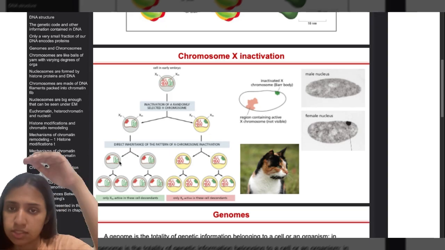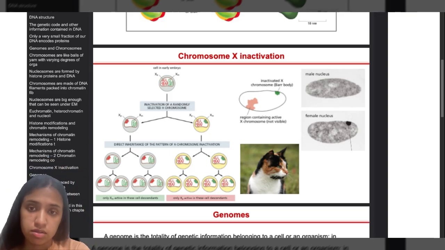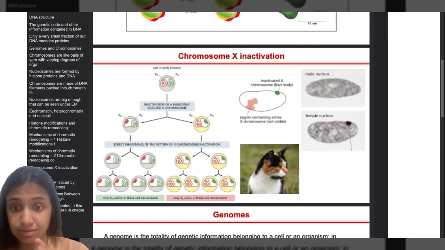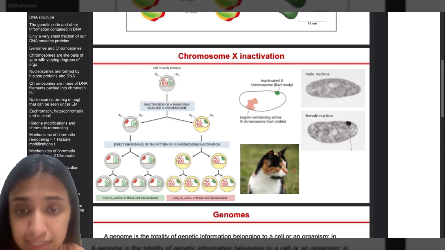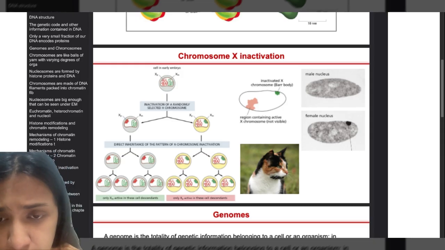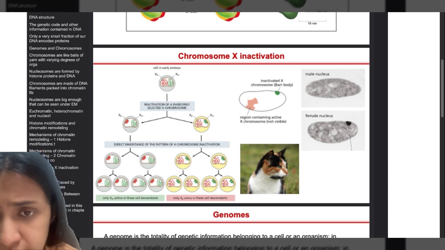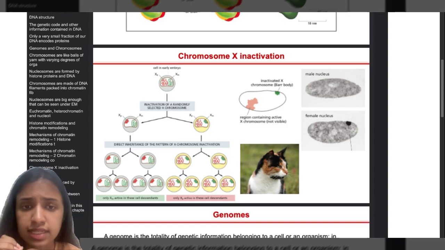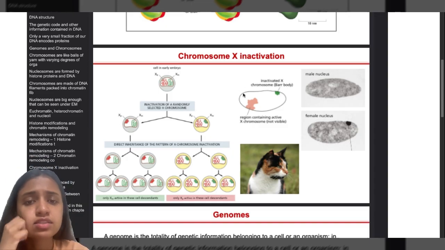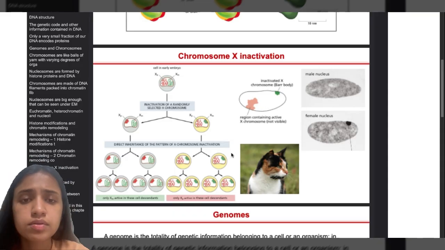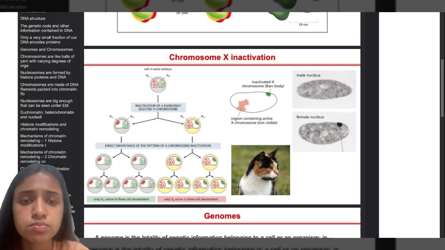What it's saying is that essentially if you inactivate one, it multiplies and multiplies again, and that inactivation stays, depending on which X chromosome has been inactivated. This inactivated X chromosome is the Barr body, and then you have the region containing the active X chromosome, not visible.